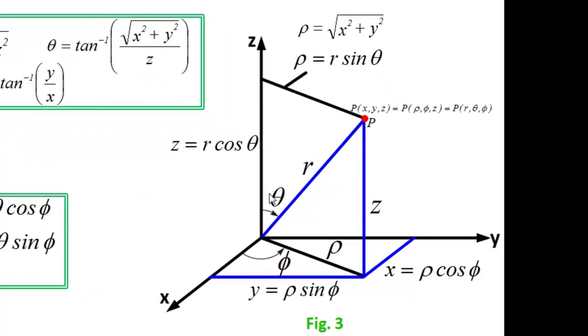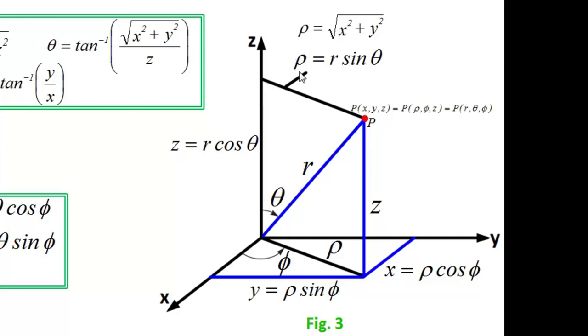Now we will calculate the relation between x, y, z and r, theta, phi. So look at figure 3. This triangle is a right angle triangle in which theta is the angle, r is the hypotenuse, z is the base, and rho is the perpendicular. So you can calculate hypotenuse square is equal to base square plus perpendicular square. So r square can be written as rho square plus z square.